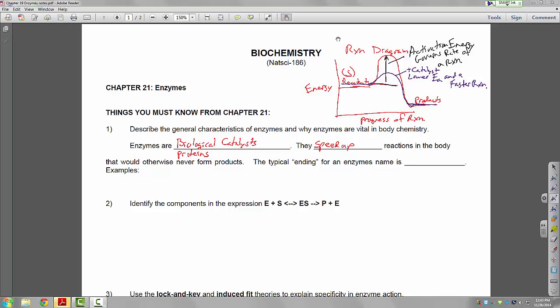The typical ending for enzymes is ase, or sometimes in. So for example, we have amylase, or we have pepsin. Identify components of the expression. E is enzyme.